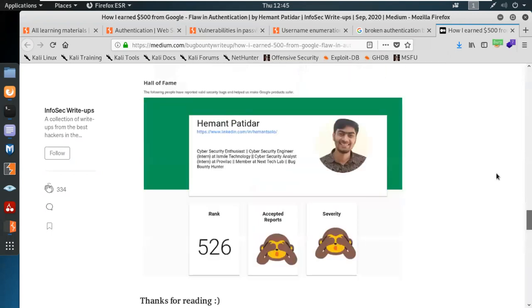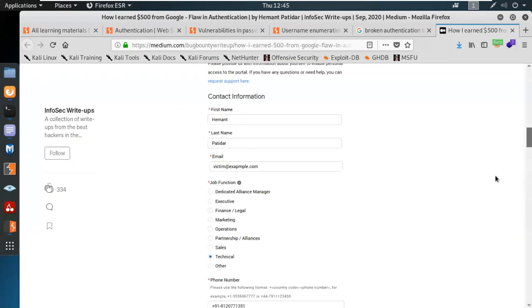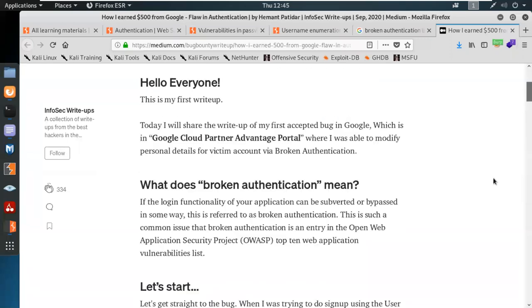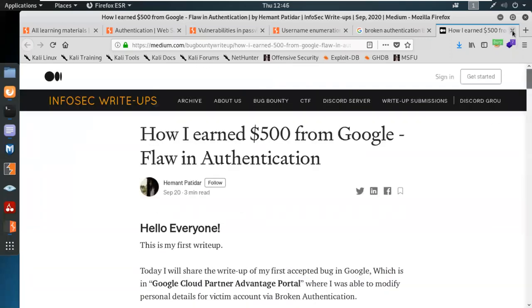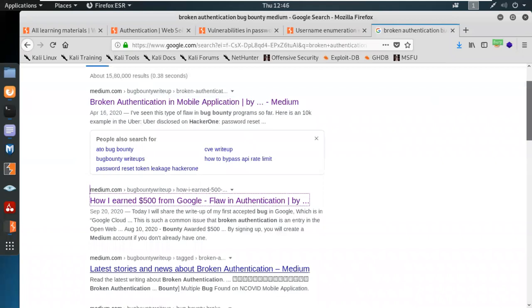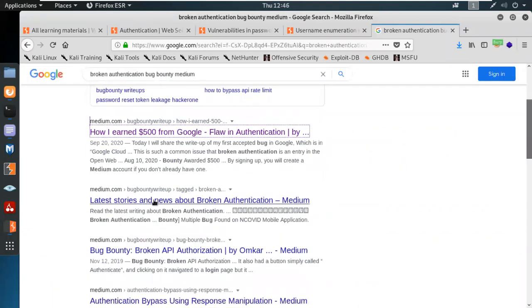Yep, see, he got the $500 bounty from the Google Hall of Fame. If you search for lots of vulnerabilities, you will find lots of stories, latest stories, and new broken authentication mechanisms. I will say one thing: if you want to check broken authentication in a web application, you have to cross verify one by one.